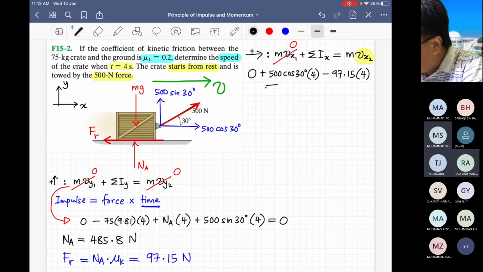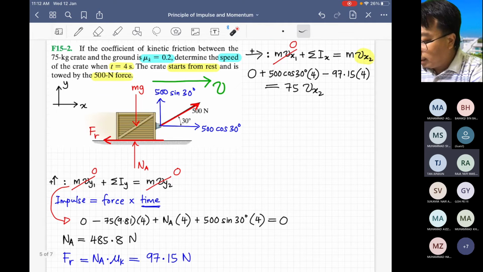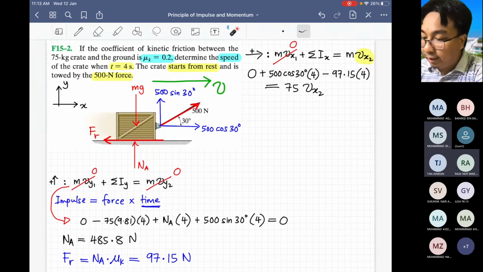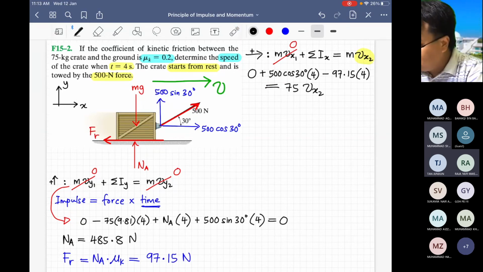Sama dengan M is 75 and darab dengan Vx2. So this Vx2 lah yang kita nak cari. So you boleh in the end you darabkan ini, you tolakkan dengan 97.15 darab 4 and you boleh bahagikan dengan 75 ni, bawa dia ke kiri. Finally kita akan dapatlah the jawapan Vx2.